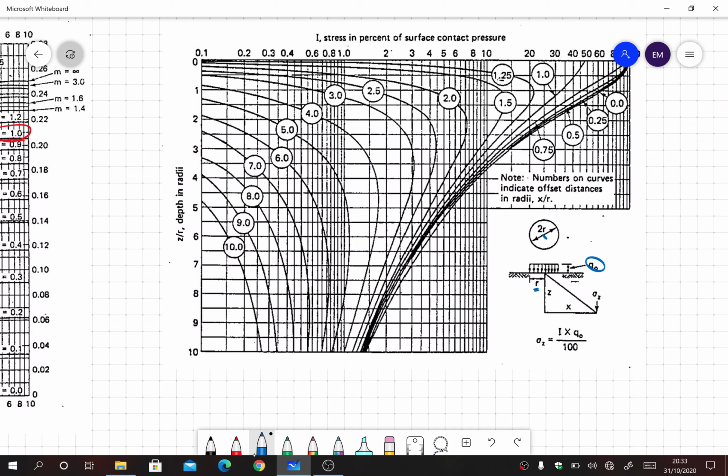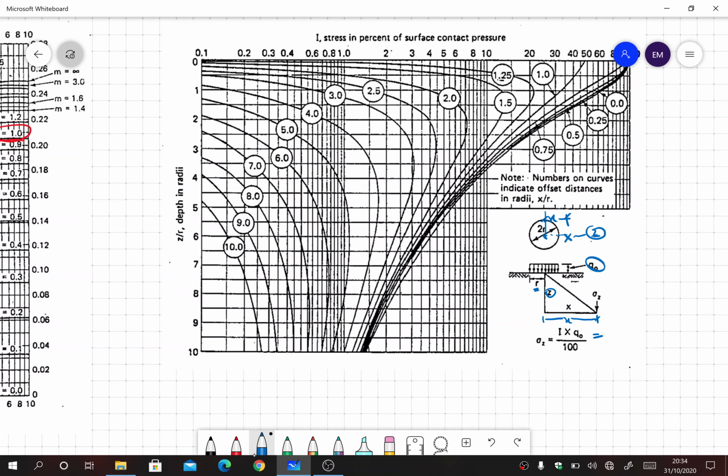If you are interested at a depth of z, and you want to find out the stress at a distance of x from the center of the loaded area, for example here, where this distance is x and the depth is z, you can use this formula, that is I into q naught over 100. I will come from the chart, and q naught is the UDL value that is being applied.